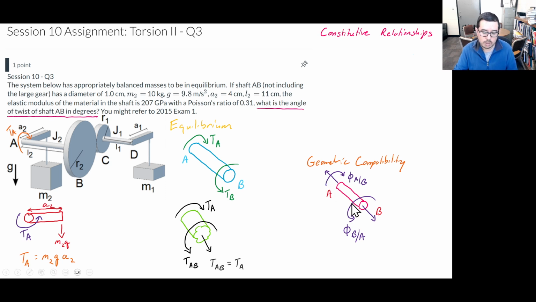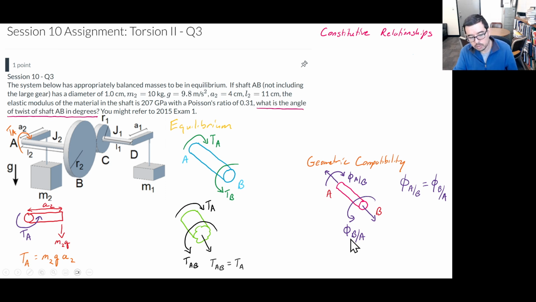But this is just for deformation: if we were to keep B fixed here, how is A going to displace angularly with respect to B? That's what A/B is going to mean in the context of what we're doing here.